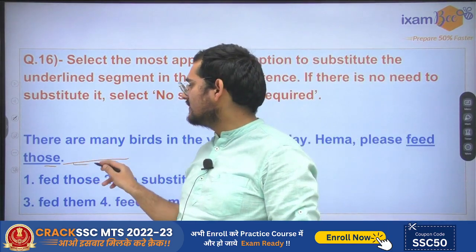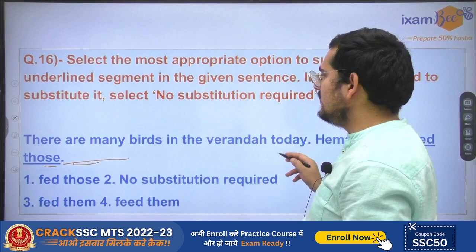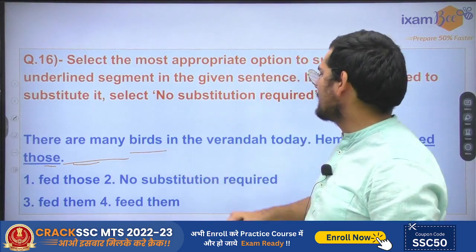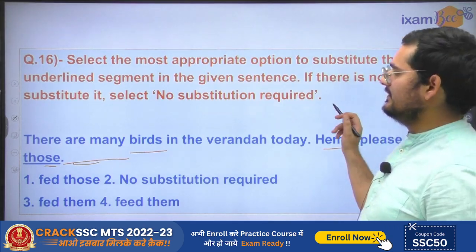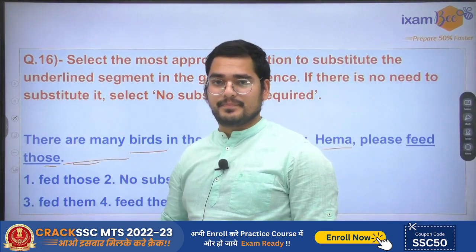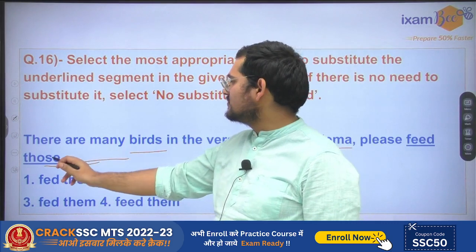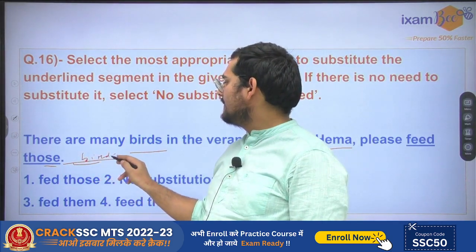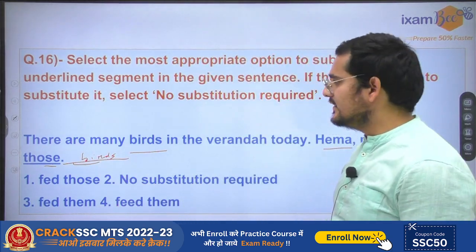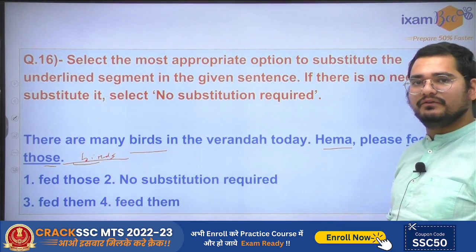We need something here, but we already know that we are talking about birds here, and it is requested to Hema to feed them. If I'm writing those here, then I need to also write birds, but there's nothing after this. So what I need to do is use an objective pronoun.